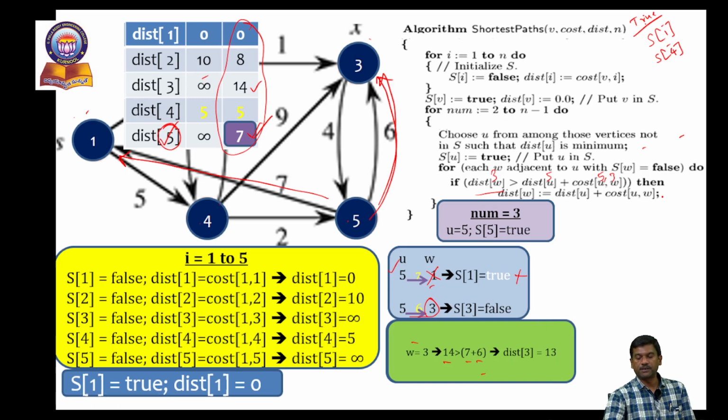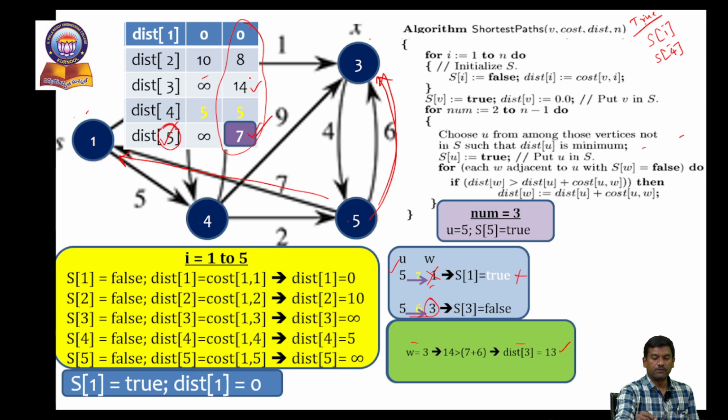If it is a true condition, then update the distance. That is the distance of 3, where the w value is equal to 3. So distance of 3 is equal to distance of u plus cost of u comma w. That is 7 plus 6, which will be equal to 13. Update the same thing, that is distance of 3.